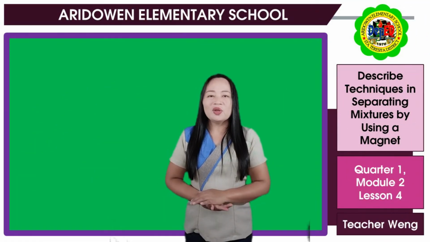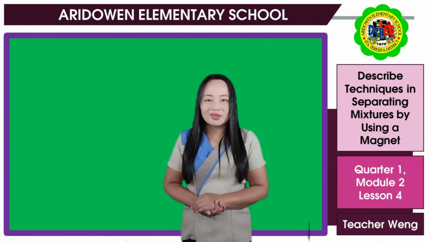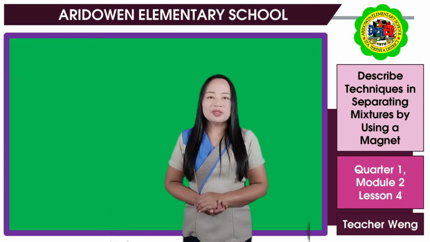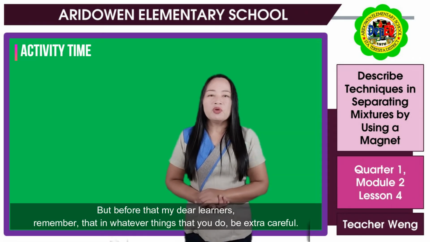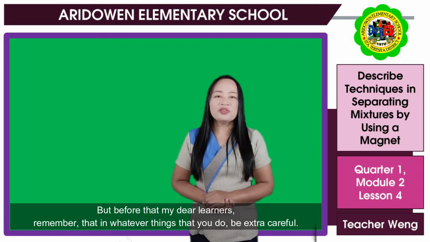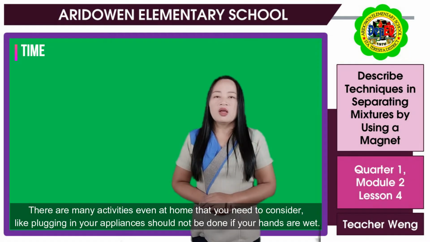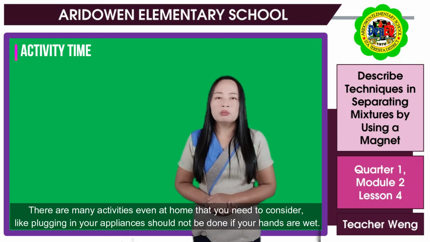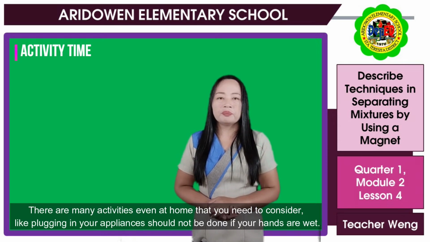Are you excited for our activity time? So let's have our activity time. But before that, my dear learners, remember that in whatever you do, be extra careful. There are many activities at home that you need to consider.